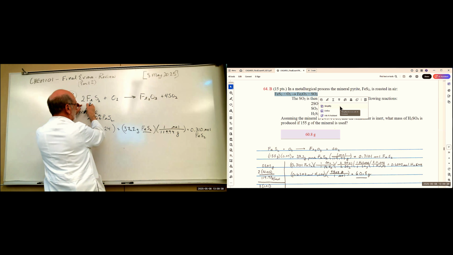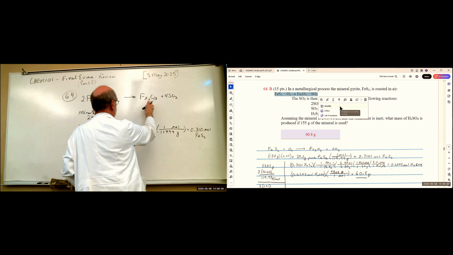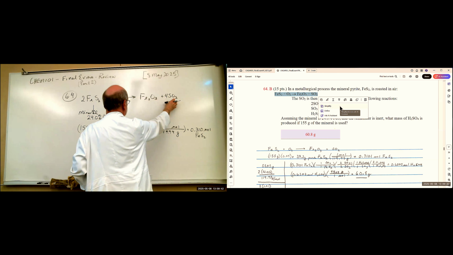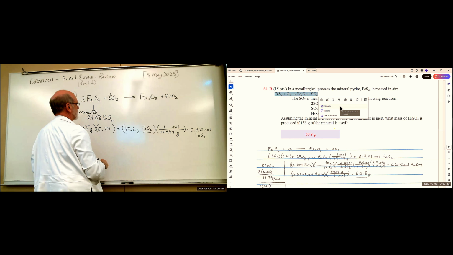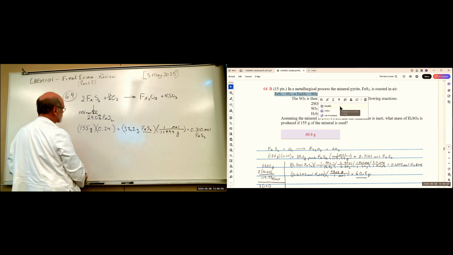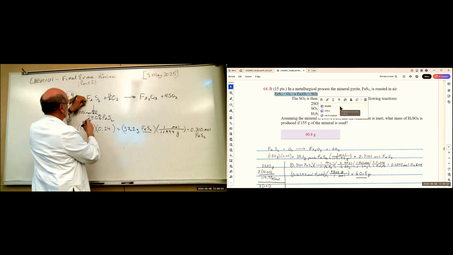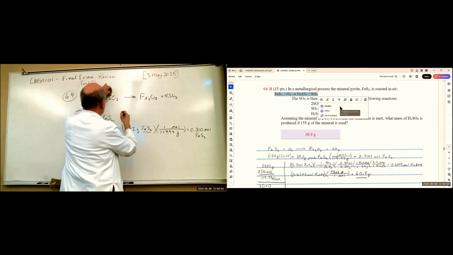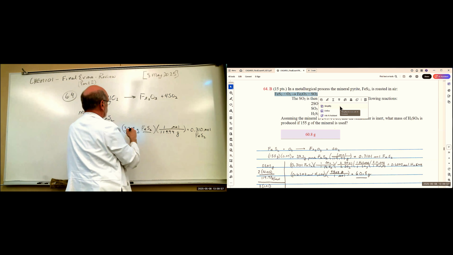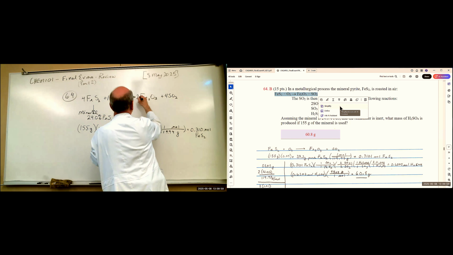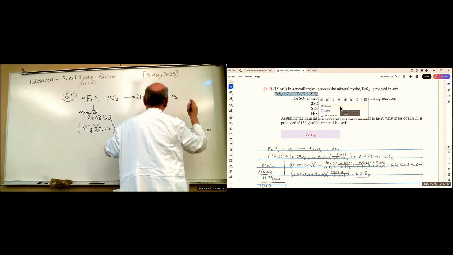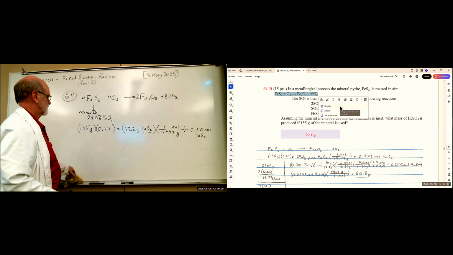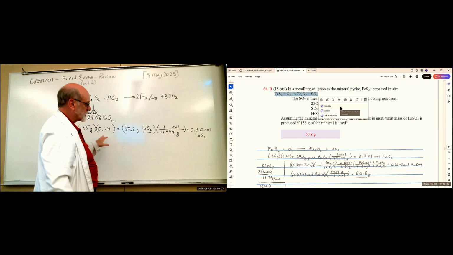So 4 sulfurs, 2 irons, and 3 plus 8 is 11 oxygens. Okay, so if we balance it now, we just multiply by 2, we get 4 here, we get 11 there, we get 2 here, and we get 8 there. Now it's balanced. Okay, we're okay up to this point.